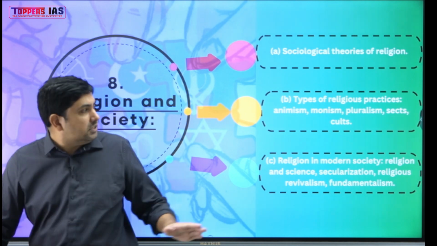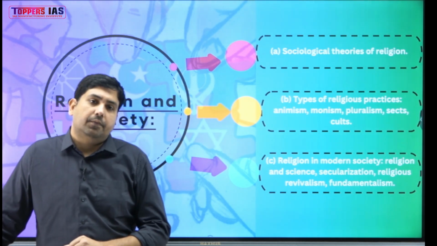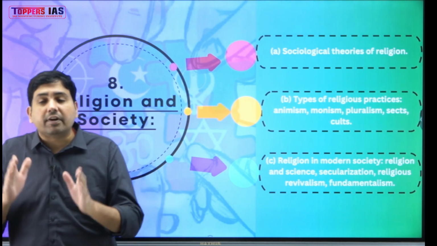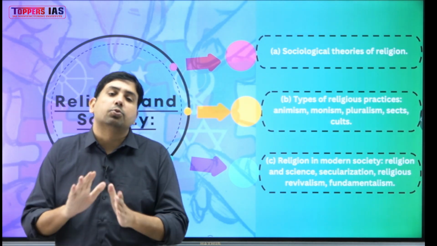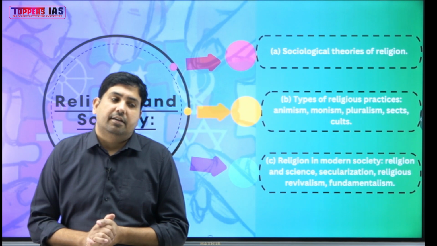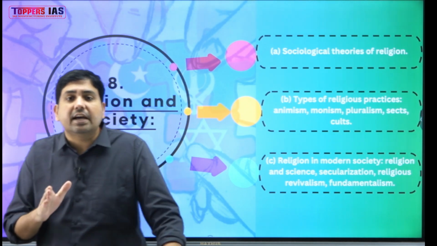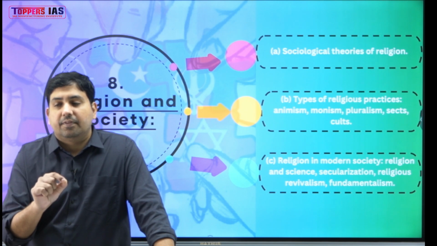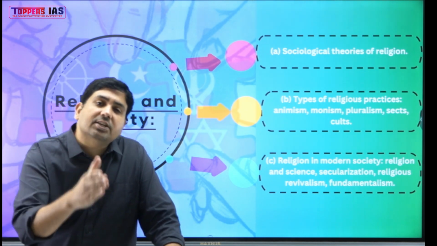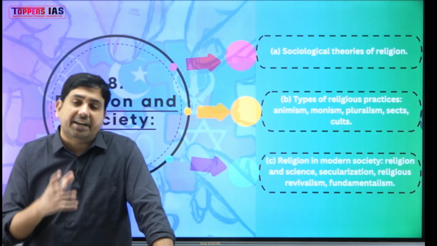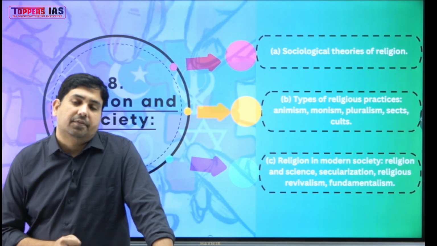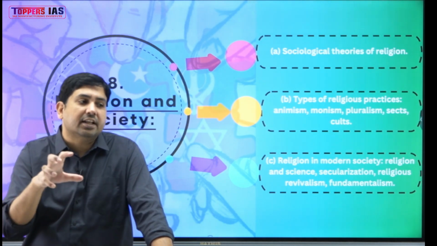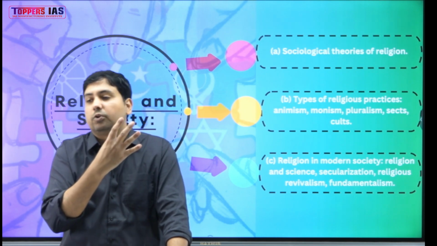If you take Emile Durkheim, his main idea is that religion is fundamentally social. He looked into the role of religion in bringing about social solidarity and unity in society. So he looks from a different perspective: religion brings unity among groups.